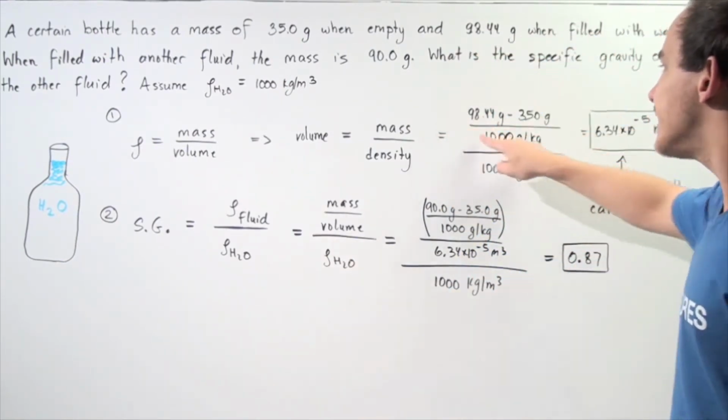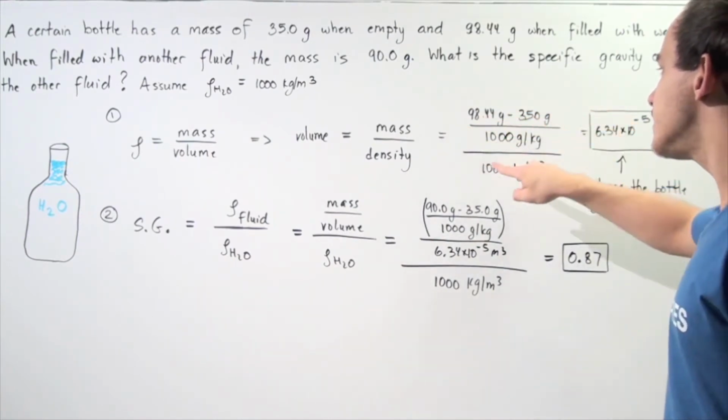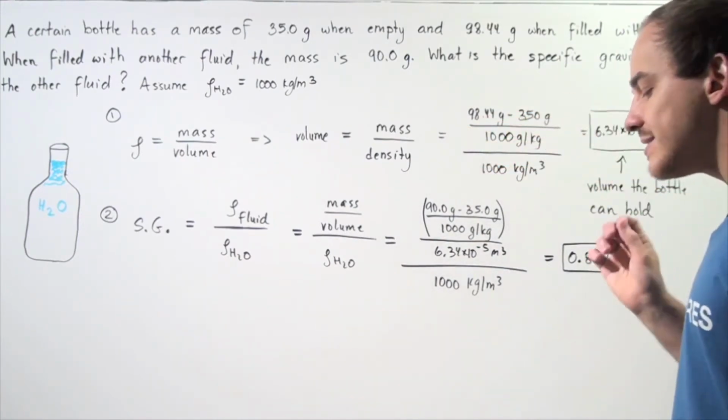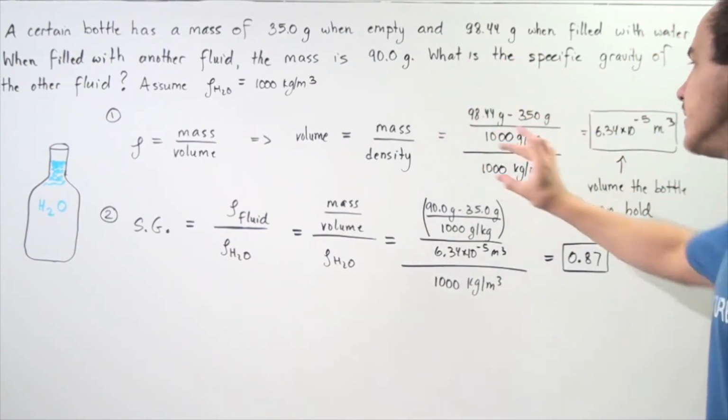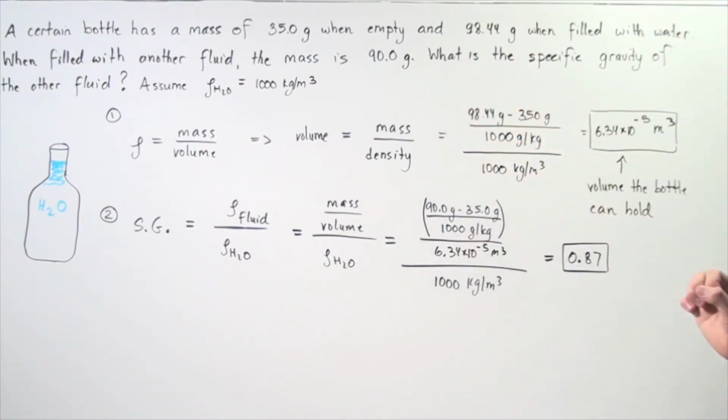And if we take that difference and divide it by 1,000, that will give us the mass in kilograms. So take this mass in kilograms and divide it by the density of water, and we get approximately 6.34 times 10 to the negative 5 meters cubed is the volume that the bottle can hold.